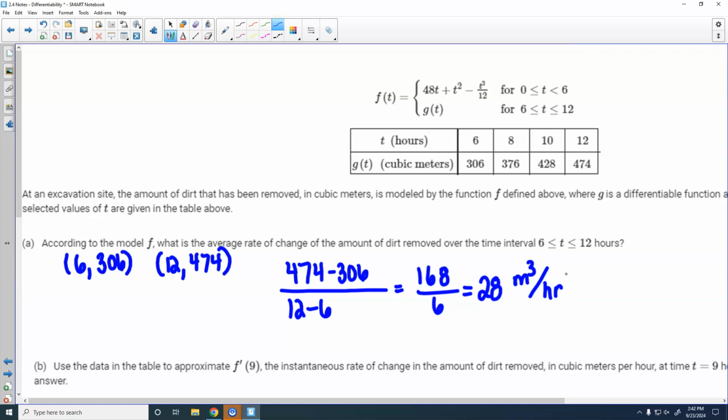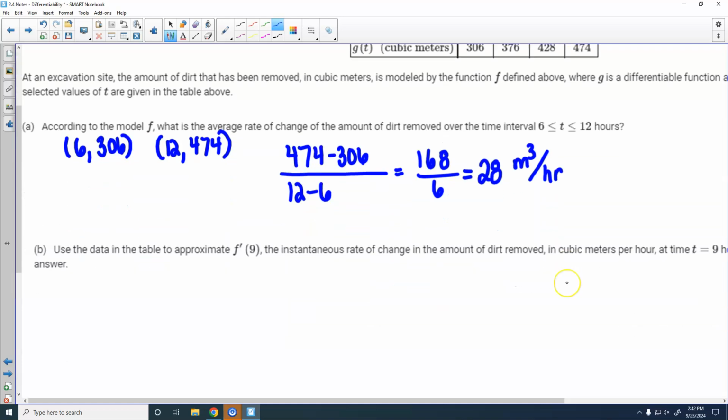So cubic meters per hour. Write out cubic meters. Okay, questions?